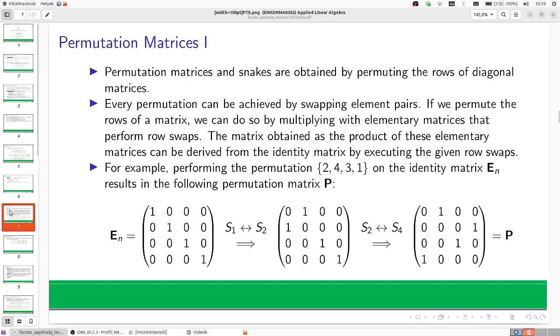Now we can switch to snakes and permutation matrices. These matrices are the result of permutation of rows of diagonal matrices.